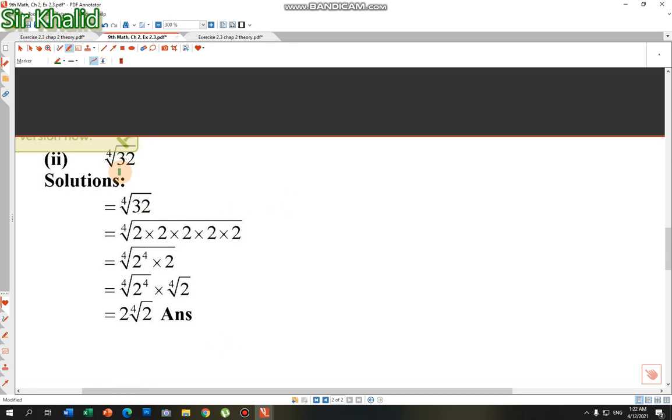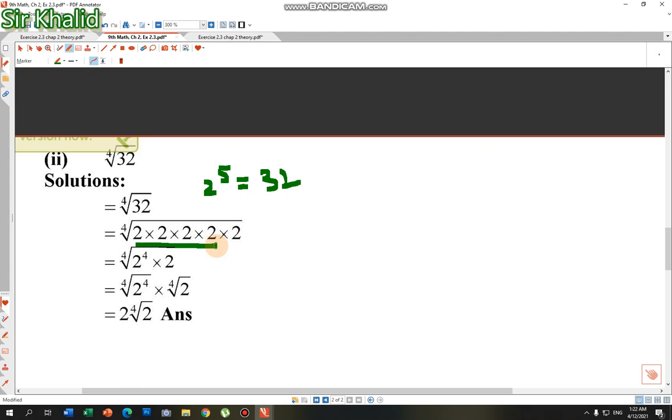The fourth root of 32. It can be written as 2 to the power 5, because 2 to the power 5 will give you 32. So 32 is 2 multiplied five times.